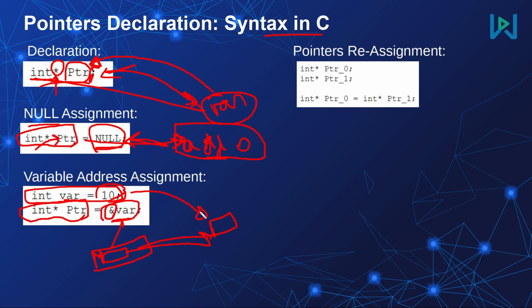And here we are safely initializing our pointer. Another way is to use another pointer to initialize another one. In this case, I have two pointers, pointer 0 and pointer 1, and here I am assigning pointer 1 to pointer 0. In reality, this means that both pointer 0 and pointer 1 will be pointing to the same location.